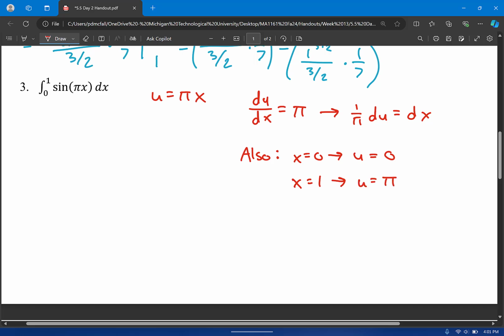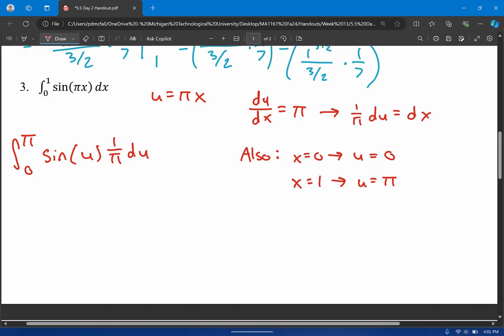So you can rewrite this integral as the integral from 0 to pi now, right? Because that's in terms of u. Sine, instead of pi x, it's sine of u, since pi x is equal to u. And dx is equal to 1 over pi du. So you can replace dx with what it's equal to.